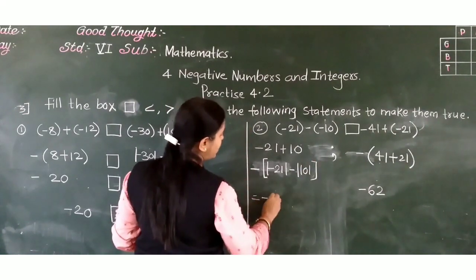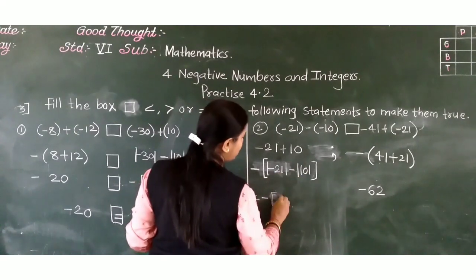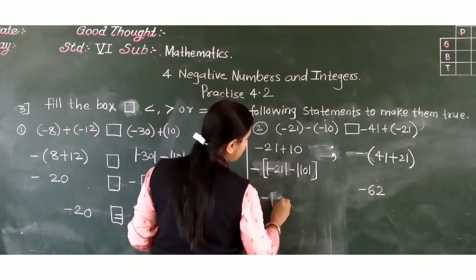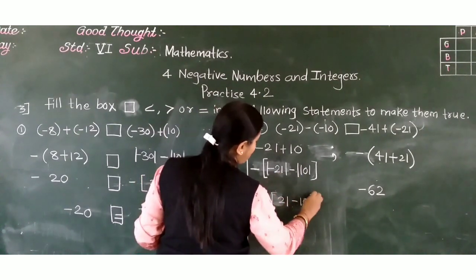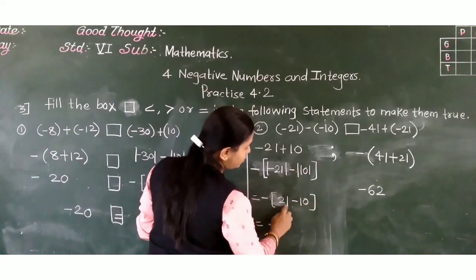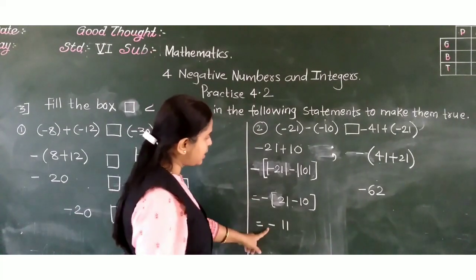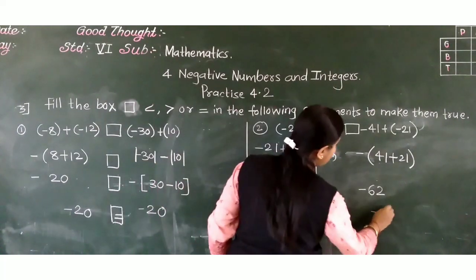So here, minus. Now 21 minus 10 is how much? 11. Correct? That is minus 11, and here minus 62.